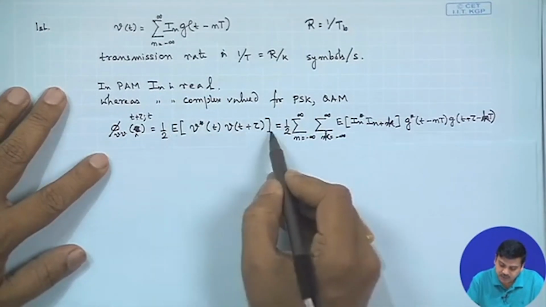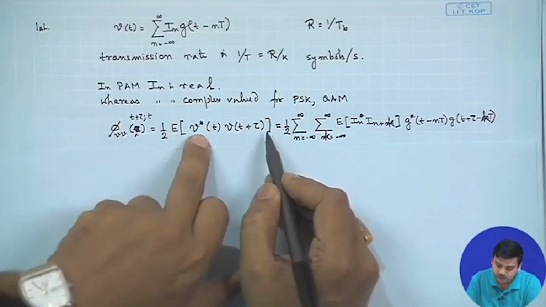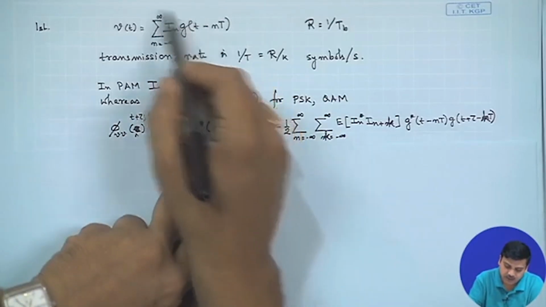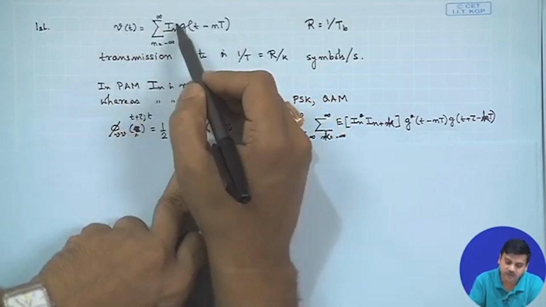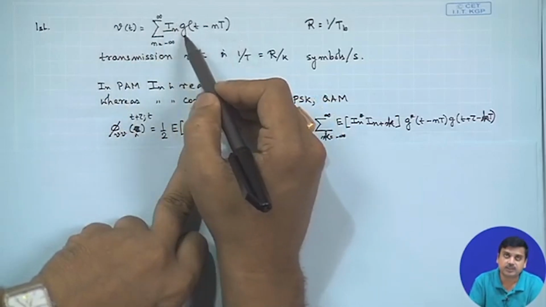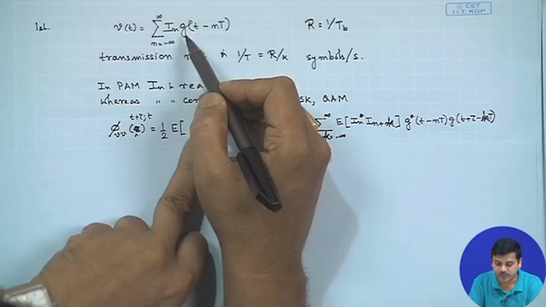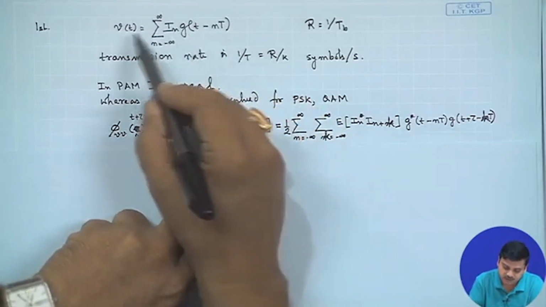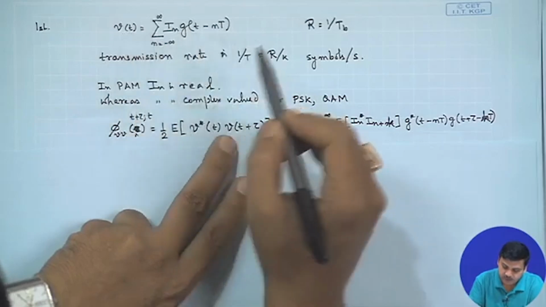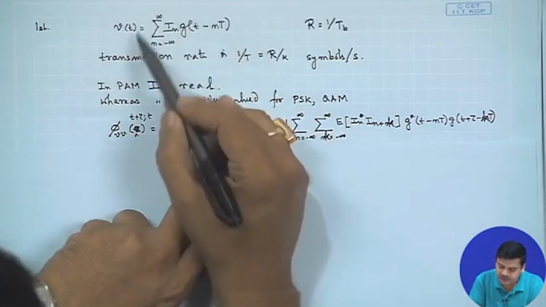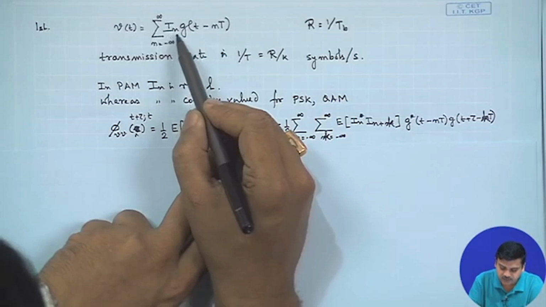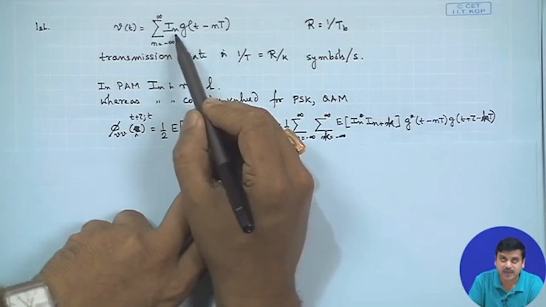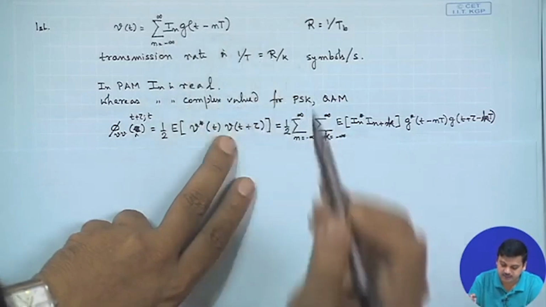So, this expression we should now expand. V of t is what we have over here, a conjugate would lead to a conjugate over there, g is a real valued signal that we have already said since the beginning, and V of t plus tau should have V of t plus tau as another signal, and in that second signal we should have a different index, I_k.